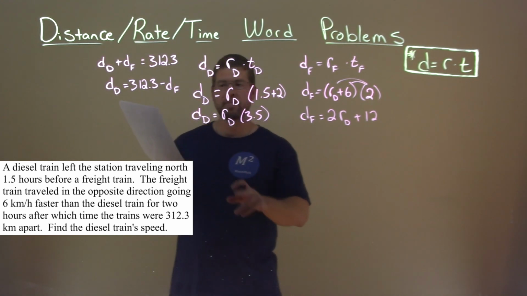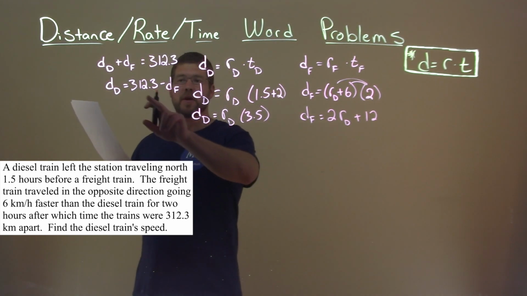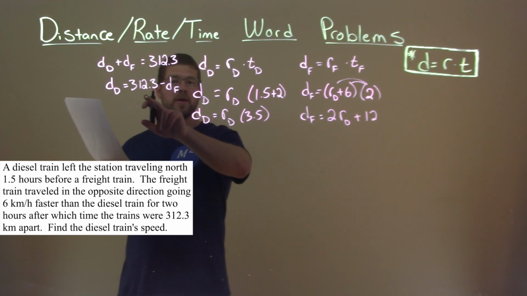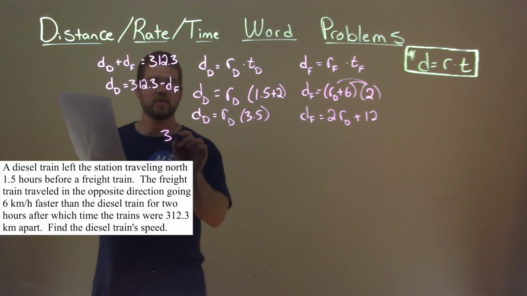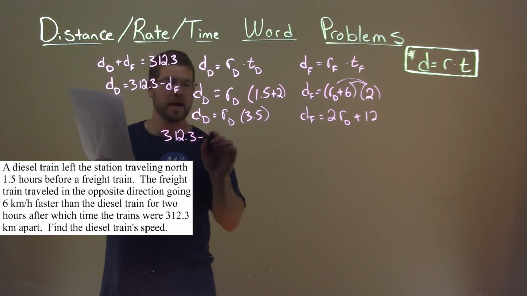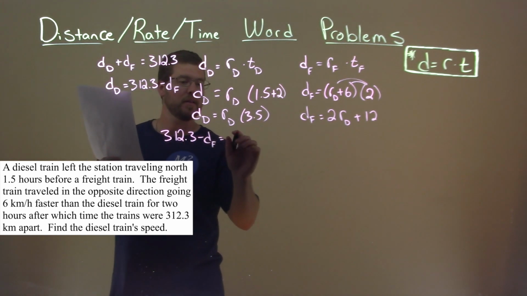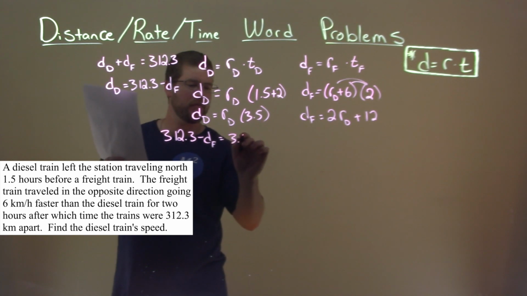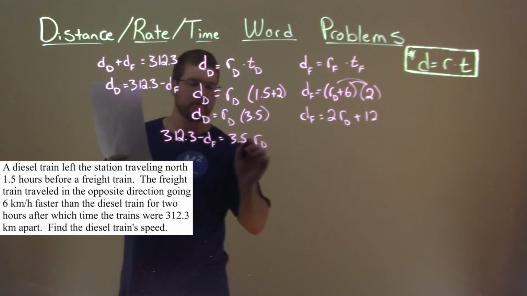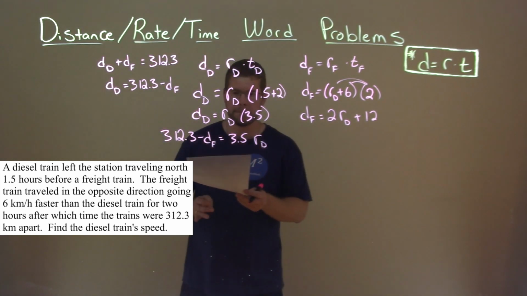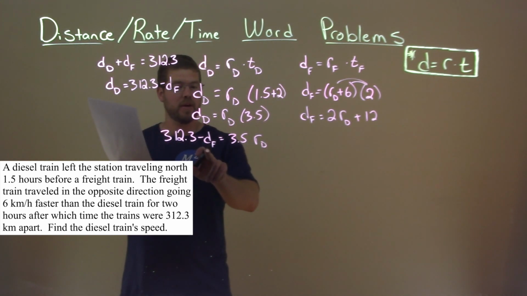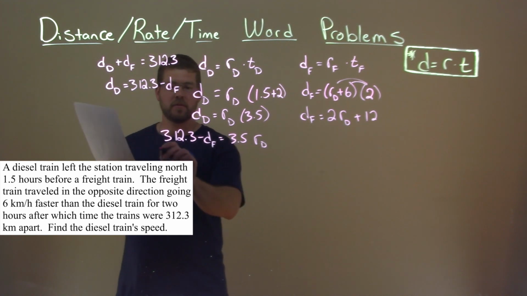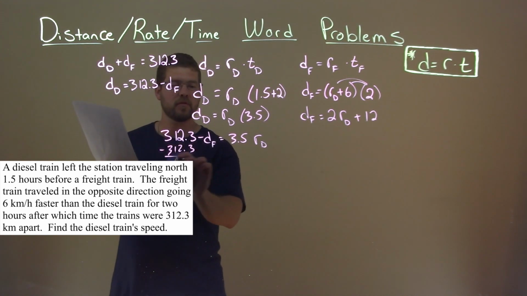All right. Well, we know the distance of the diesel train is equal to 312.3 minus distance of the freight train. So I'm going to replace that here, and I have 312.3 minus distance of the freight train is equal to 3.5 times the rate of the diesel train. Okay? So now let's get our distance of the freight train by itself. I'm going to subtract 312.3 from both sides.